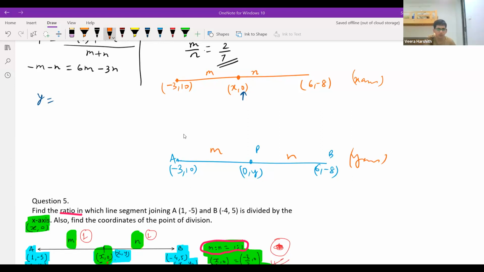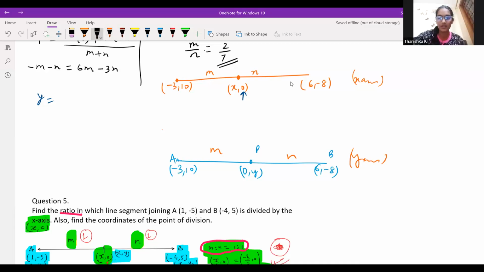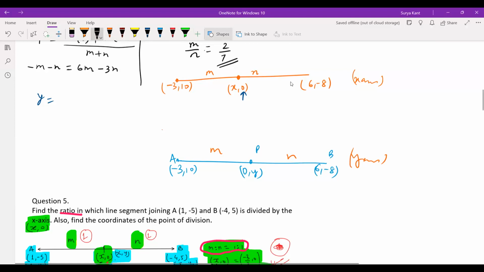So the first one is 1:1. Sir, I'm getting 4:5. Children, write in the chat box once, just check who is correct, who is wrong. All of you write once.